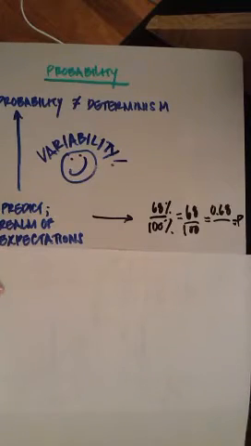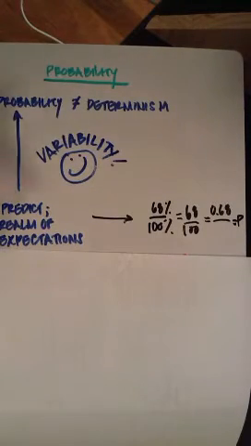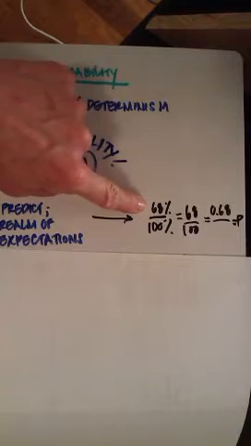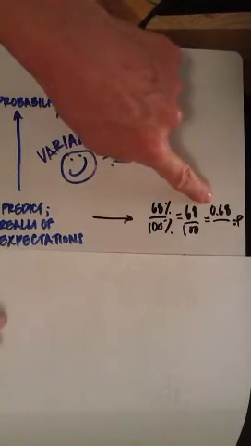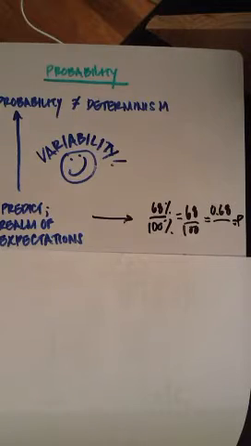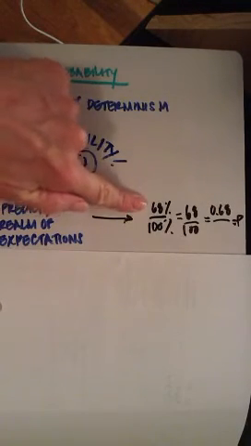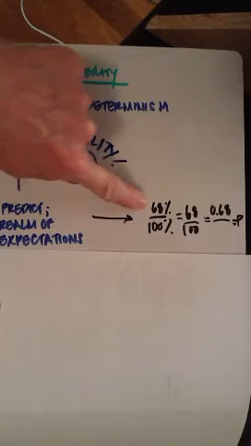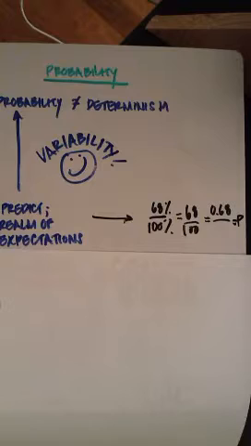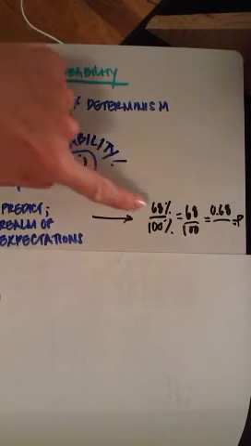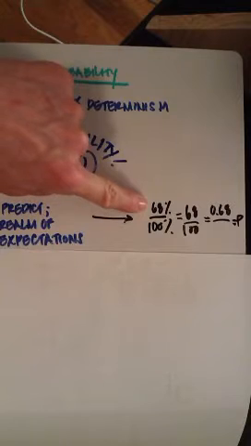Now this can look extremely simplistic in the sense that, really, aren't we just dropping the percent sign and moving the decimal place 2 places to the left? Well, mathematically that is what we're doing. But the point here is that an area under a distribution can serve as a probability of a score falling within that area. So let's say, for example, that our area represents 68% of the distribution.